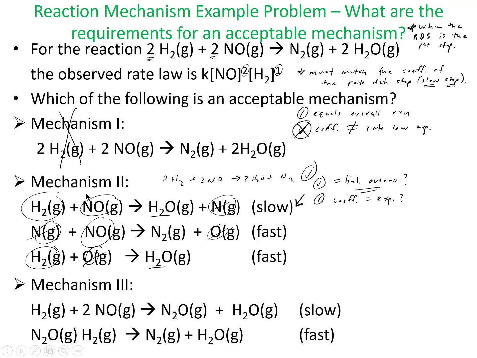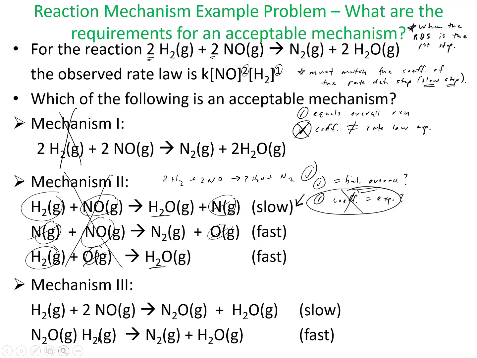So this mechanism doesn't work because the coefficients of the slow step don't match. They have a chart in the book, but this is called termolecular because the rate law is showing three molecules are colliding at the height of the energy profile.